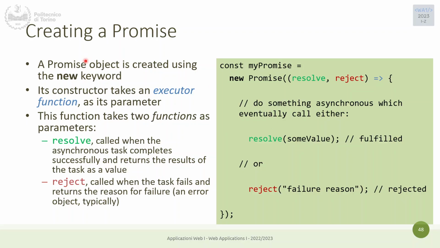So we create the promise with the new keyword, because basically they are objects. And again, nothing strange, a callback through an arrow function. So we have the resolve and reject keywords, which are two different functions created by the language itself that you have to call.